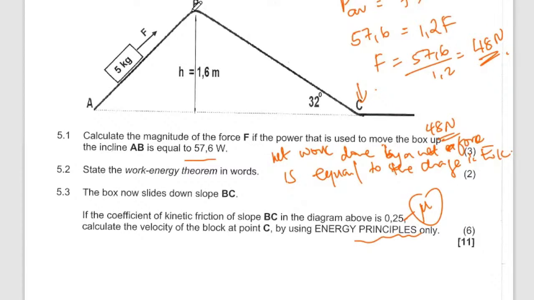So the gravitational potential will be 0. That's my argument. And remember, energy in any sort of system will always be conserved. So what do you think? What do we think?